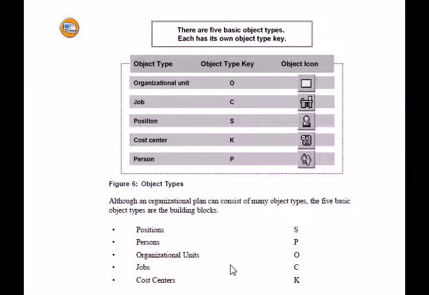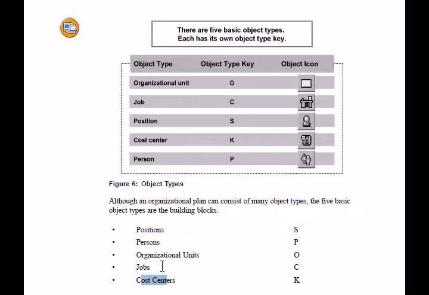Before we go any further, let's do a quick recap on the different object types. SAP allows you to define a number of different object types, but the key ones are these: positions, persons, org units, jobs, and cost centers. And we've covered all of these in the discussion previously.